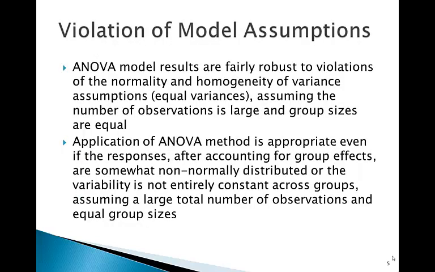The ANOVA model is fairly robust to some of the assumption violations. If normality and constant variance is violated, we can still use the ANOVA if we have a large number of observations.